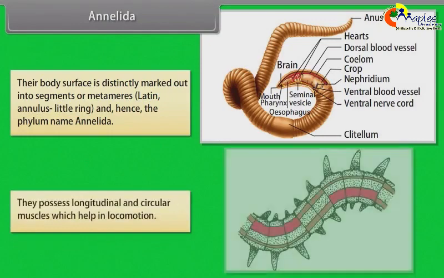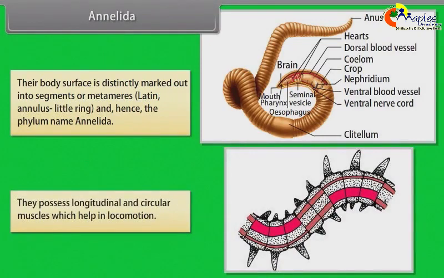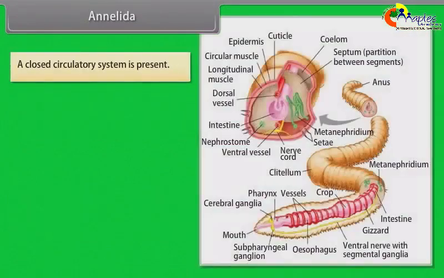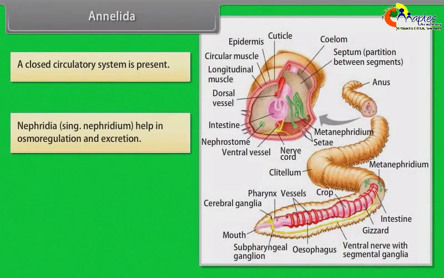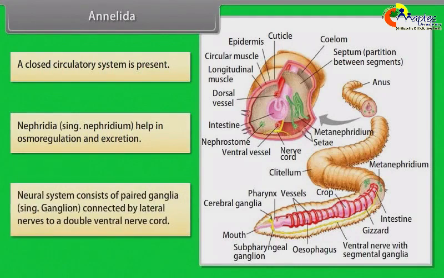They possess longitudinal and circular muscles which help in locomotion. A closed circulatory system is present. Nephridia, the singular is nephridium, help in osmoregulation and excretion. Neural system consists of paired ganglia, the singular of ganglia is ganglion, connected by lateral nerves to a double ventral nerve cord.